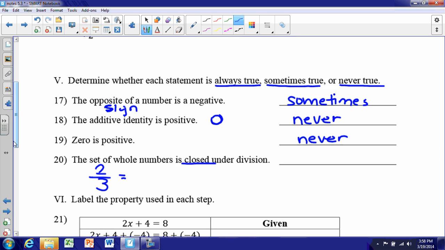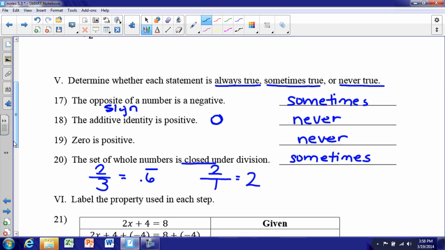No, I get the fraction 2 over 3 or the decimal 0.6 repeated. So this is not true all the time. Well, is it true sometimes? Okay. Well, what if I took the whole number 2 and divided by the whole number 1? Would I still get a whole number? Yes. And so this one is sometimes true. Sometimes true. Okay?